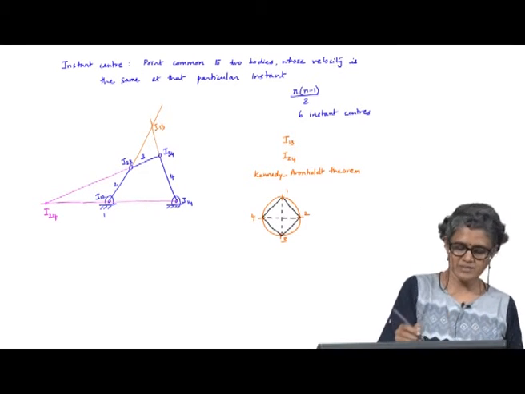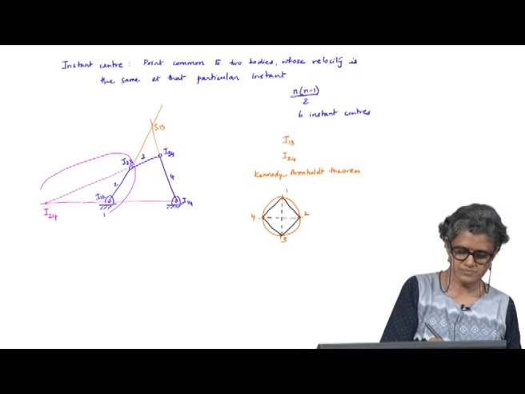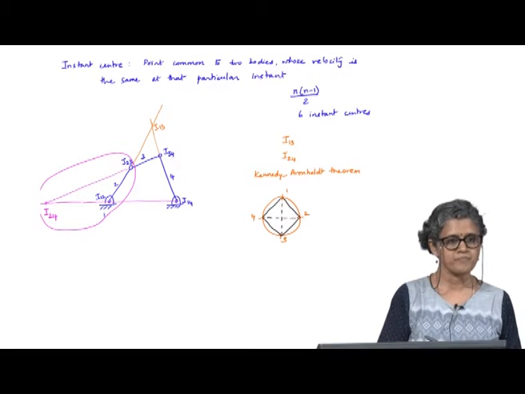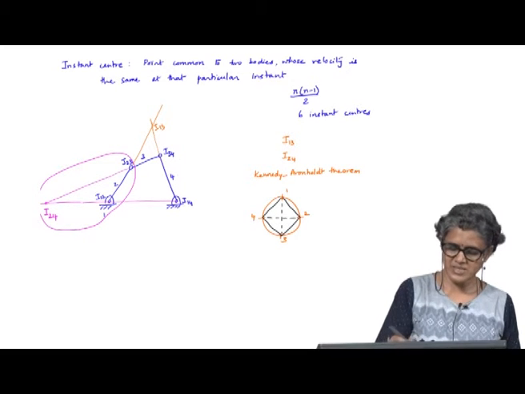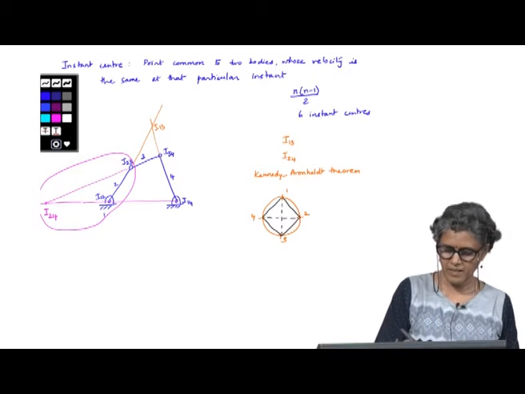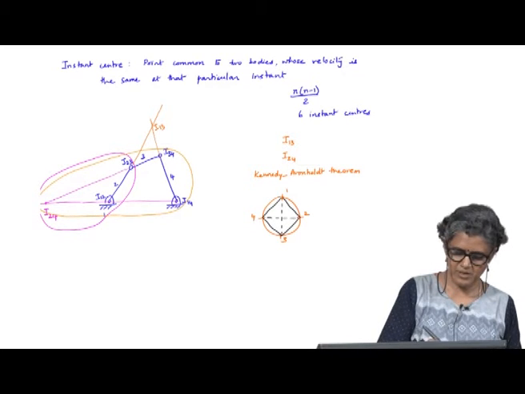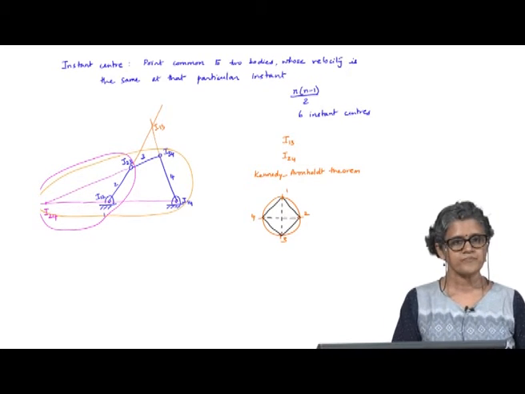So, imagine that link 2 is extended to include I24. Okay. And you can also imagine that link 4 is extended to include I24.